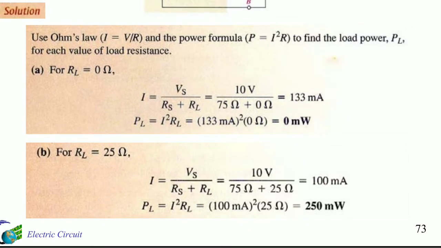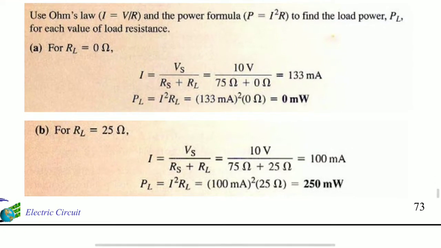If RL is equal to 25 ohms, I is equal to Vs by Rs plus RL, that is 10 by 75 plus 25, equal to 100 milliamps. The current is 100 milliamps.